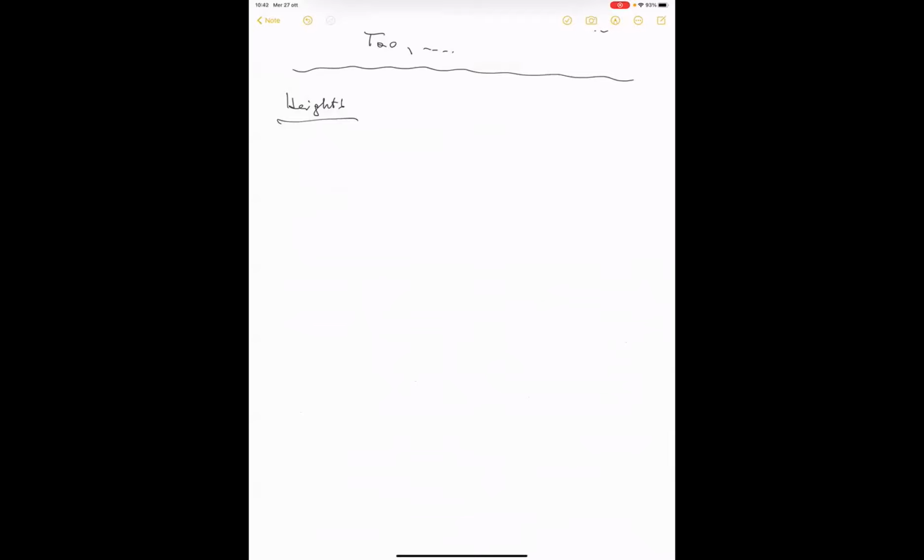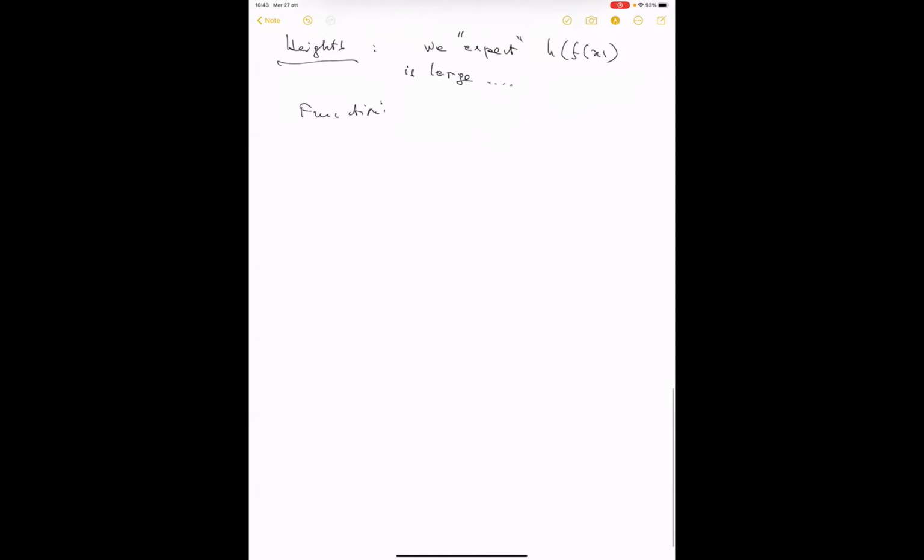So we expect that the height of the image is large. But how to prove this? And what does it really mean? And again, let us try to use functoriality to see the obstacles.